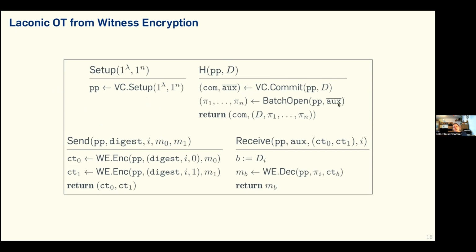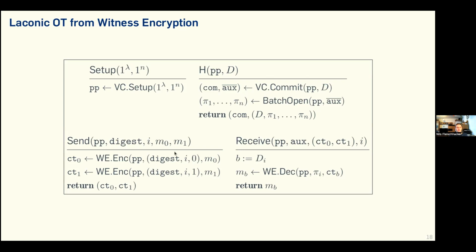We use the KZG commitment essentially as a vector commitment here. So we commit to this dictionary, in the sense that we use the entries of the dictionary not as the coefficients, but as the evaluations of the polynomial. And then we send this as our digest.